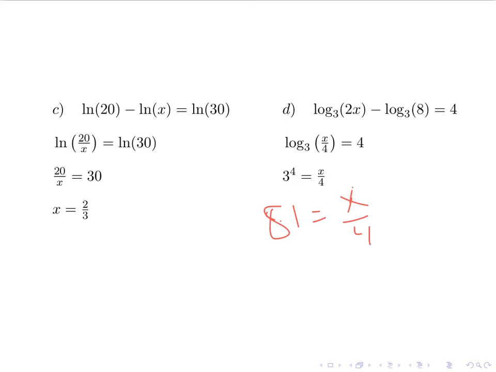So 81 equals x over 4. Multiply both sides by 4, and we get 324. And again, the question is, am I allowed to plug that in? Yes, 2 times 324 is positive, so I can plug it in.